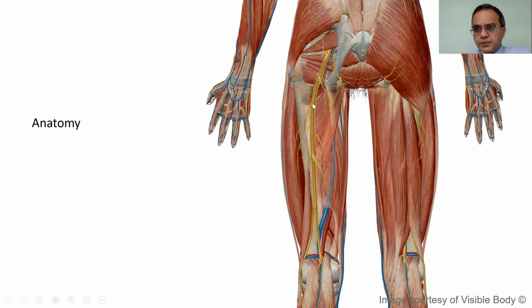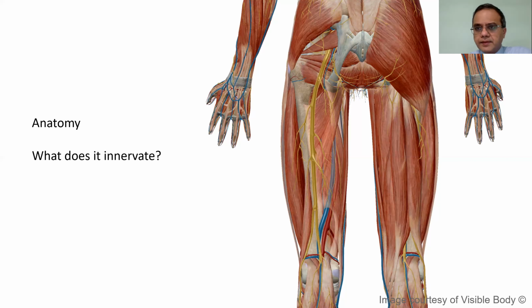Then it enters the posterior compartment of the thigh, and in the posterior compartment of the thigh, it lies between the hamstring muscles, which you can see on the right hand side, and the adductor group of muscles. In the popliteal fossa, the sciatic nerve will then divide into tibial nerve and the common peroneal nerve.